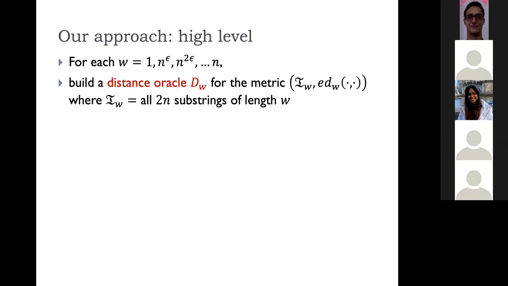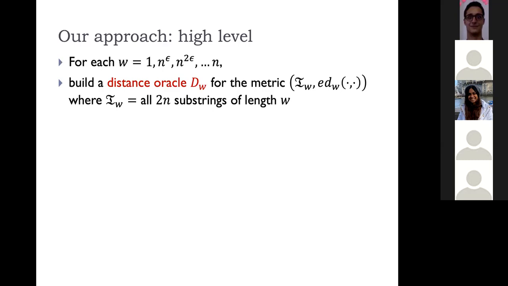Okay, so a distance oracle is just a data structure that, given basically the identities of two strings, say, substring of x starting at position 100 and substring of y starting at position 300, tells you what their edit distance is. And this data structure will do this relatively fast, right? We'll spit out the number relatively fast. This is what distance oracle really means, and it corresponds to the standard notion of distance oracle, and this is on always two n substrings of strings x and y.